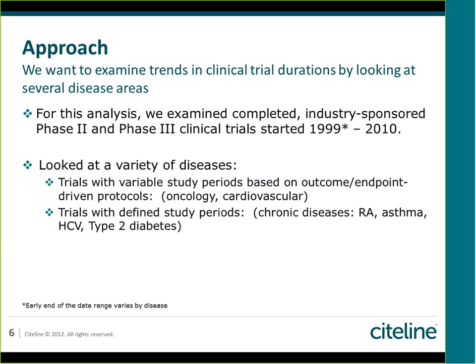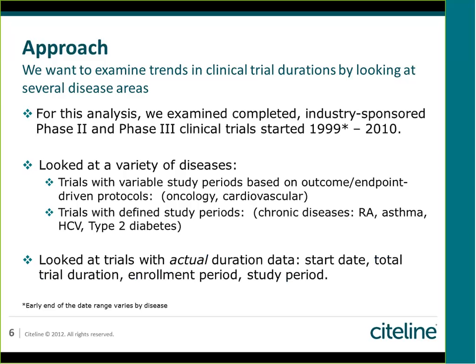And we looked at diseases where trials have clearly stated, defined study periods during which patients are receiving treatment. For example, in diseases such as rheumatoid arthritis, asthma, hepatitis C, and type 2 diabetes.